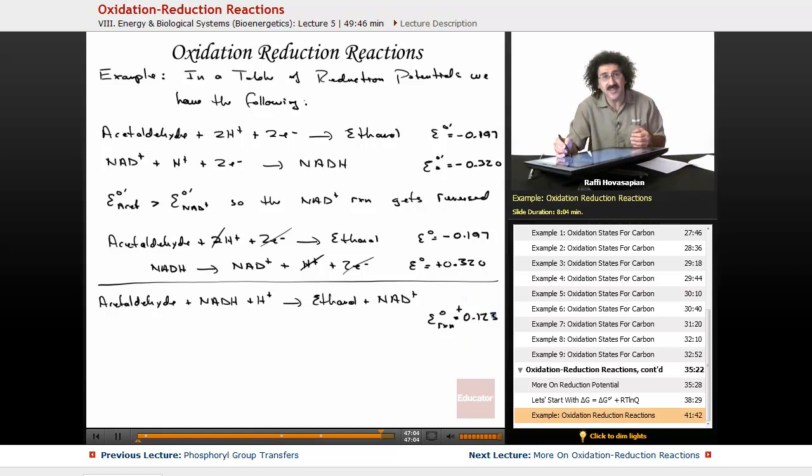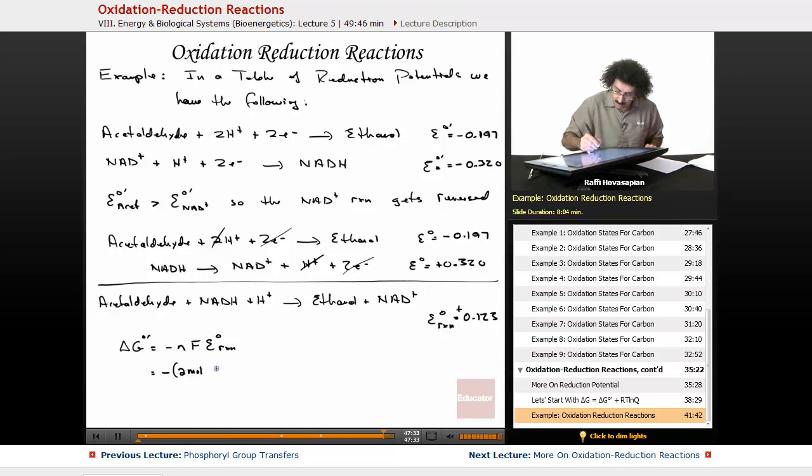Now that I have this, I can actually calculate the free energy change for this reaction based on the equation that I've got. My free energy change is minus NFE of the reaction. N is the number of electrons that are transferred. We have 2 electrons transferred. Let me actually write here, 2 moles of electrons are transferred.